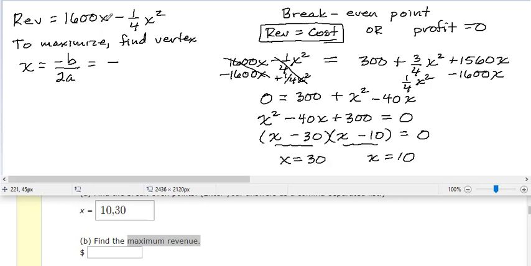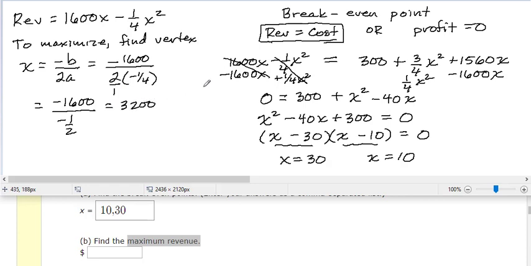B is the x coefficient, 1600, over 2 times a, which is negative 1/4. Negative 1600 over negative 1/2 makes 3200. That's 3200 units. Okay, now, is that what they wanted?